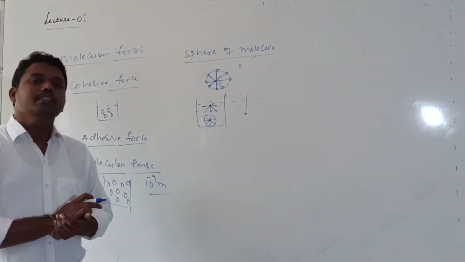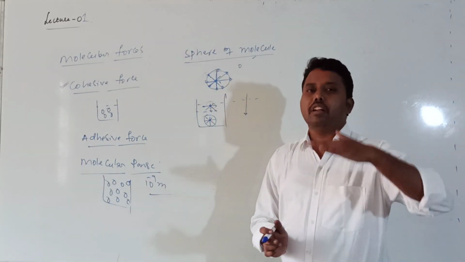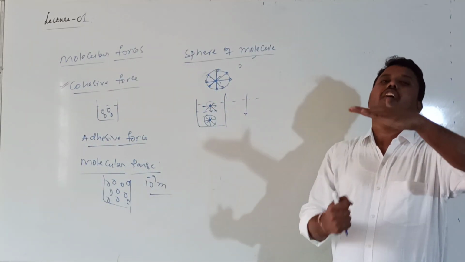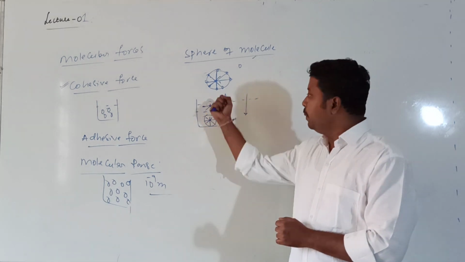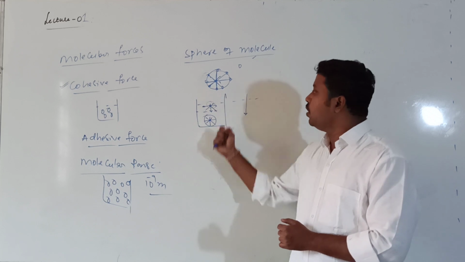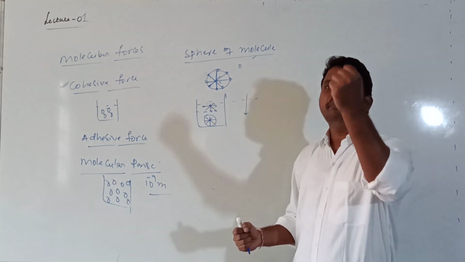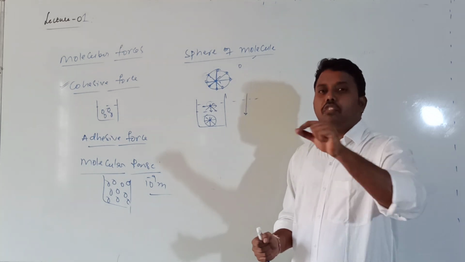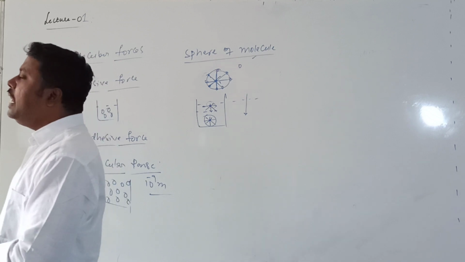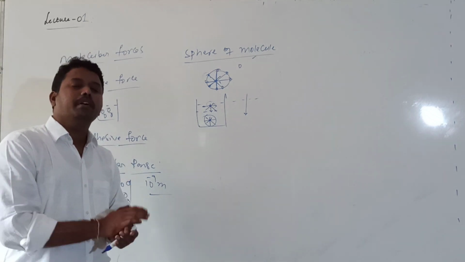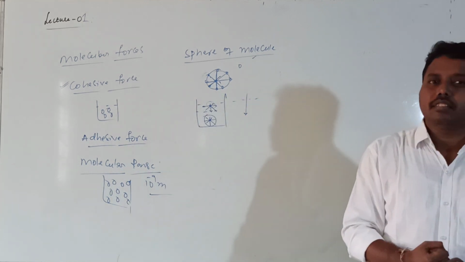Are you getting that? Those molecules on the surface experience a net downward force and get pulled downward. When they are pulled down, the free surface of the liquid will have fewer molecules. Because the molecules are fewer in number, the surface area will be less.